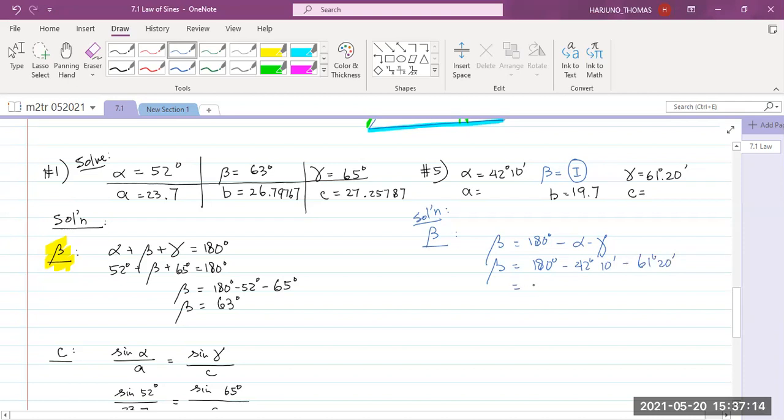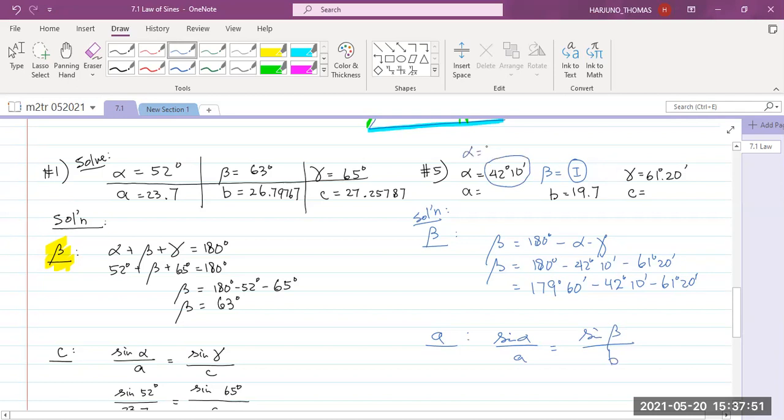Okay, now then change this 180 degrees to 179 degrees 60 minutes. And then you subtract there. You see what I mean? Now, the thing is, when you try to find side a or side c, let's say I look for side a, you have sine alpha over a equals sine beta over b, right? Now, you need to change this into full degrees.